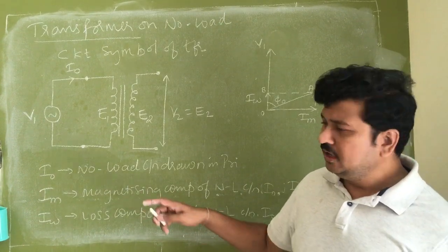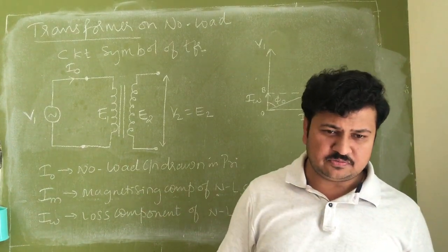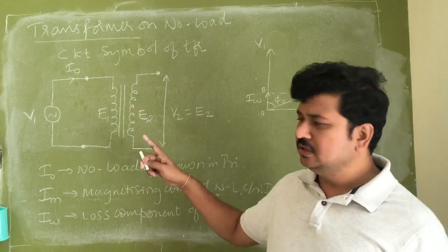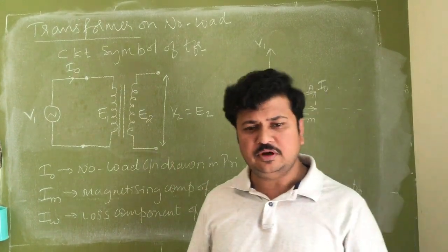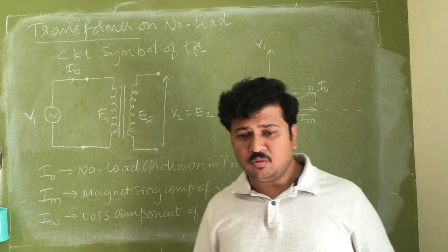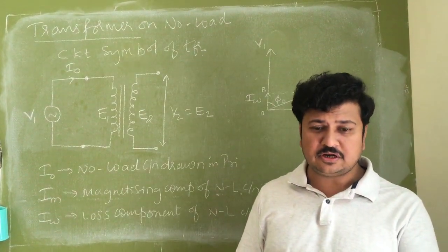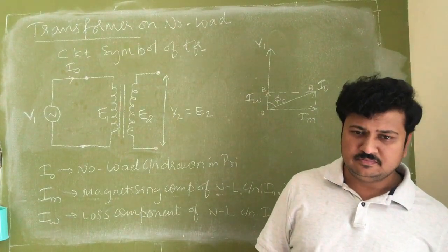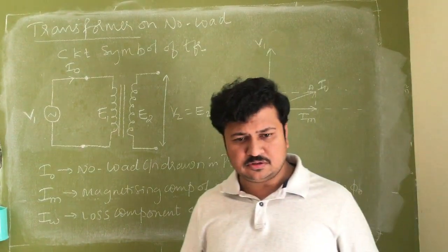So see, for an 8.6 ampere rating of the transformer, even on no load, the current drawn by the transformer is around 0.5 to 0.6 amperes. Now what that 0.5 or 0.6 amperes current is doing is the question. When the current is drawn from the source, it should do some work.